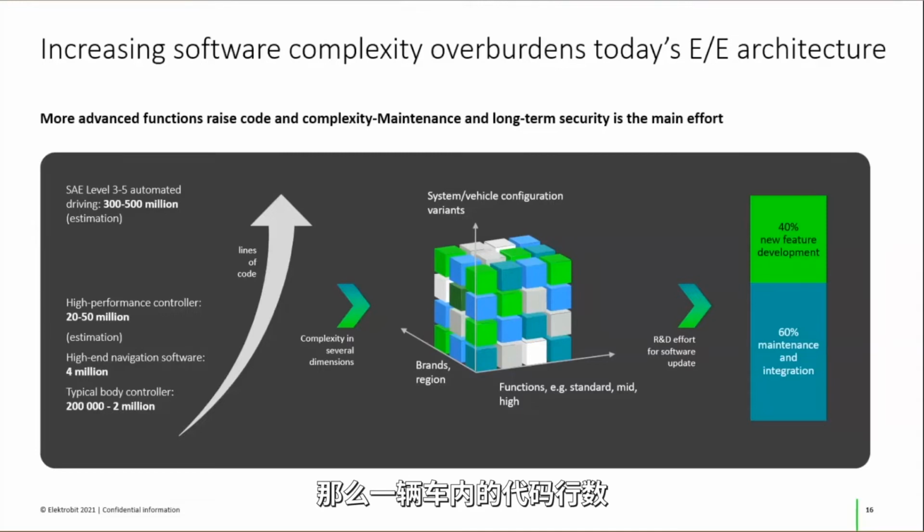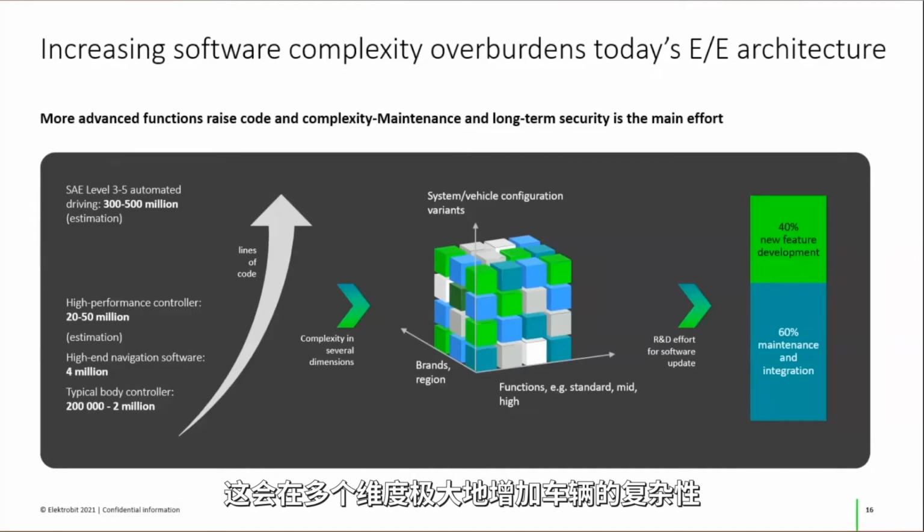Then we are at numbers of around 300 to 500 million lines of code inside a single vehicle. So that's quite a lot of software inside a car that increases the complexity really a lot by several dimensions.